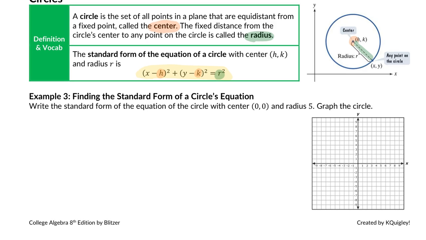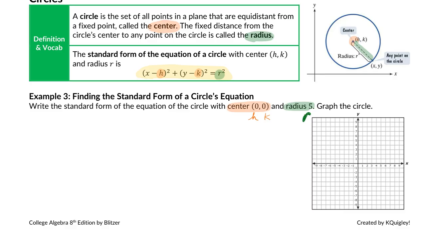So example 3 says to write the standard form of the equation of a circle with the center at 0, 0. Okay, so we have a center at 0, 0 and a radius of 5. The center being at 0, 0 means that h is 0 and k is 0. The radius being 5 means that r is equal to 5.